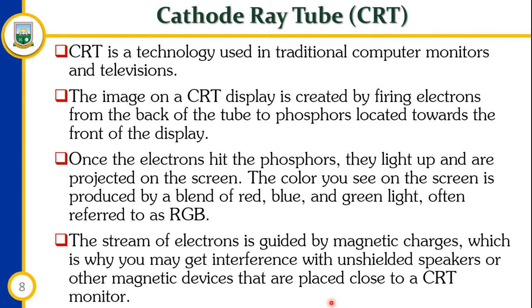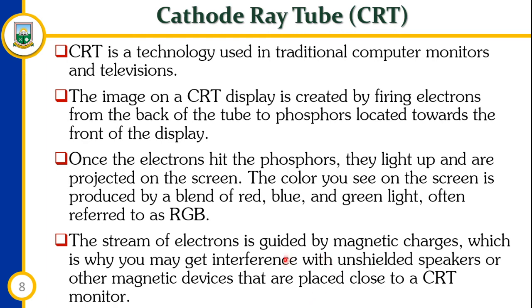Those that have had the chance to experiment with this, in the olden days, with the black and white TV and even the colored cathode ray tube TV, when you take a magnet and move it close to the screen of the TV set, you see that there is some sort of deflection or distortion that occurs in the pixels displayed on the monitor.